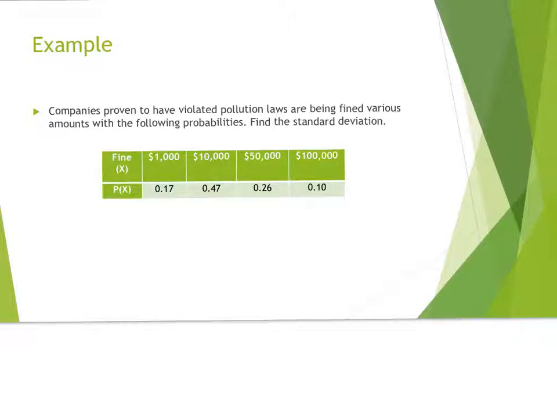So let's look at the pollution example again. It says companies proven to have violated the laws are being fined various amounts with the following probabilities. Find the standard deviation. Well, we already found the expected value, the expected value of x for this particular problem, which was $27,870. Well, to find the standard deviation, you have to find the variance first.